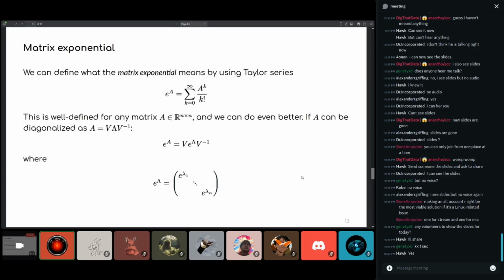The exponential of A is simply V times the exponential of your diagonal matrix lambda times V minus 1, and the exponential of a diagonal matrix is super easy. You just exponentiate the terms on the diagonal. Note that not every matrix can be diagonalized, so this doesn't always work, but for most nice cases it does.